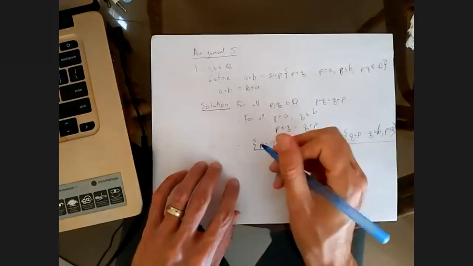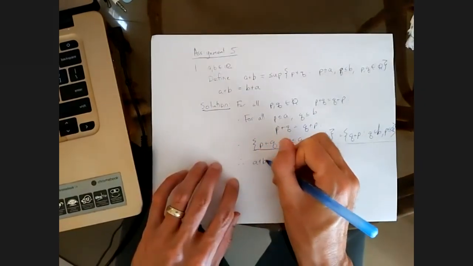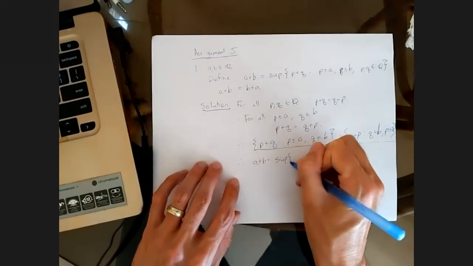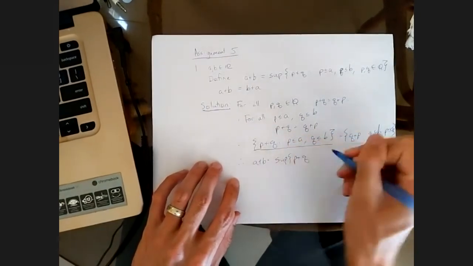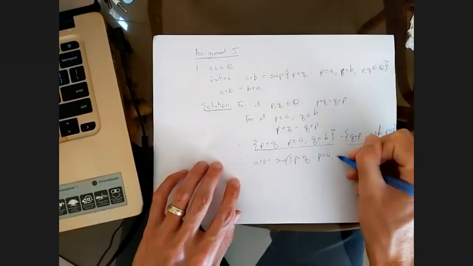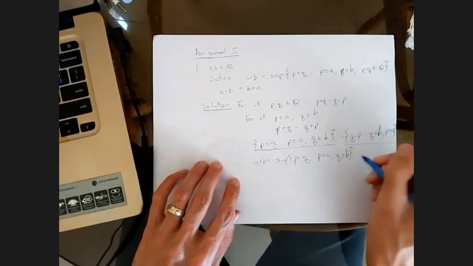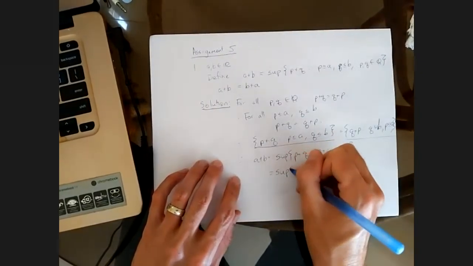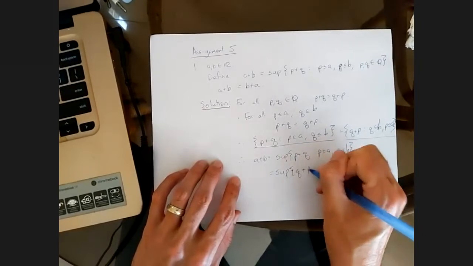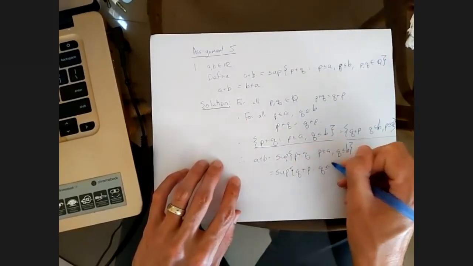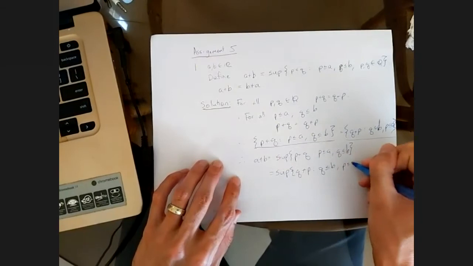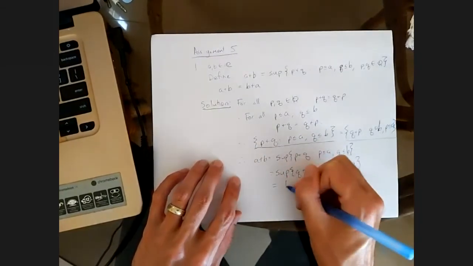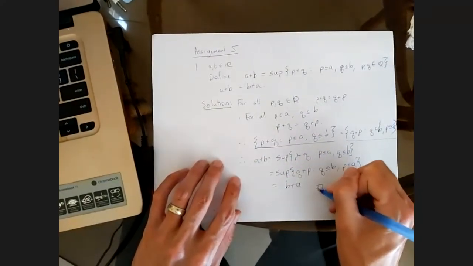So therefore, a plus b equals sup of p plus q such that p less than or equal to a, q less than or equal to b. And that equals the sup of the q plus p's. And that's the definition of b plus a, QED.